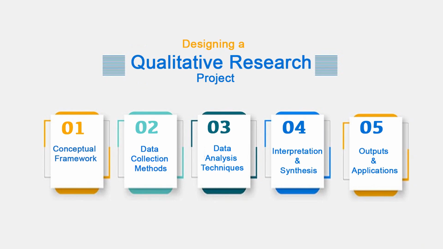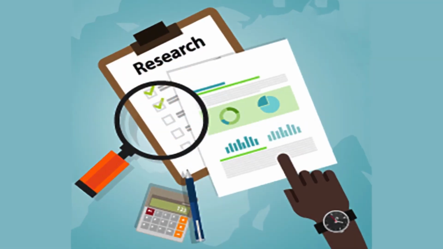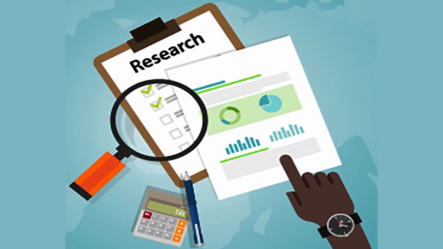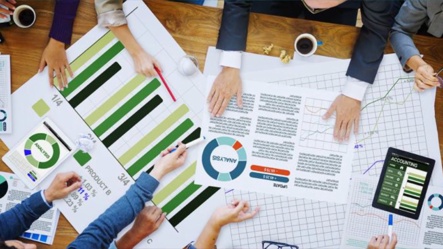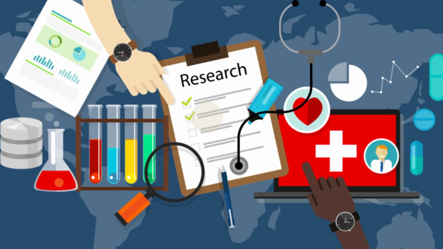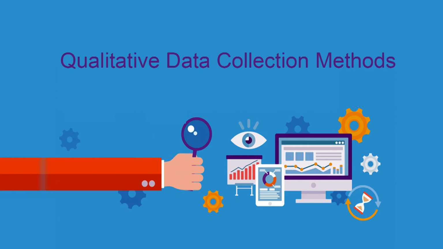Outputs and applications. Case studies, hypothetical situations, and assessments are some of the outcomes of qualitative research. These findings can be used to guide the policy makers and policy proposals, as well as community outreach initiatives and other planning endeavors.